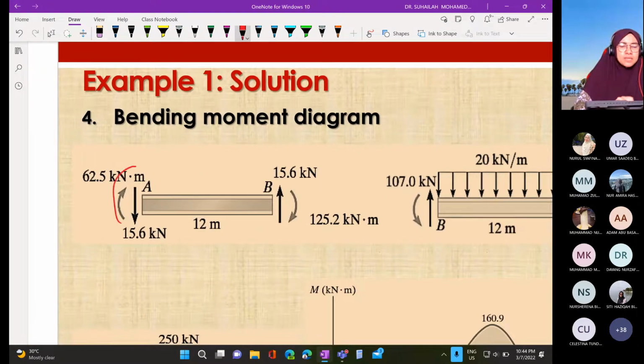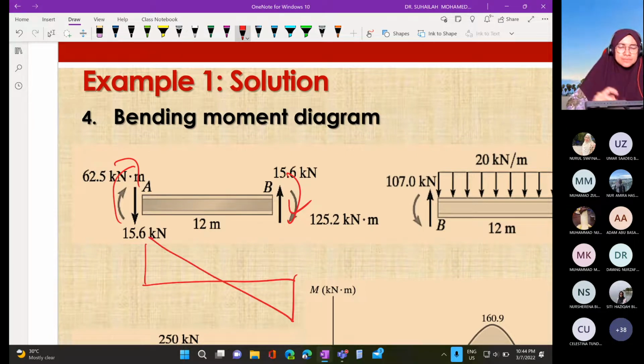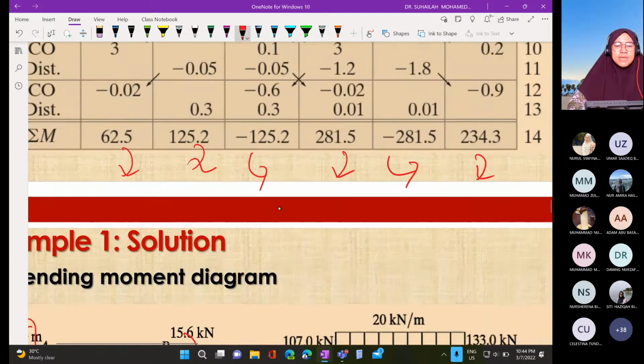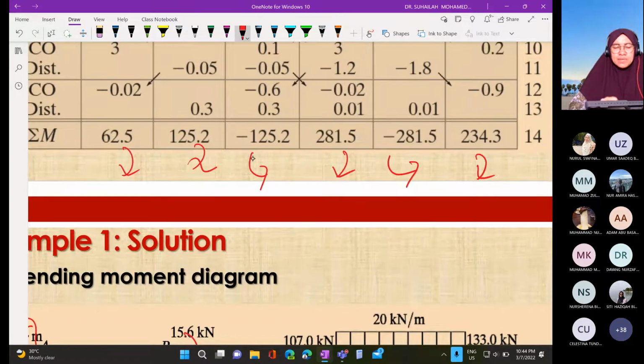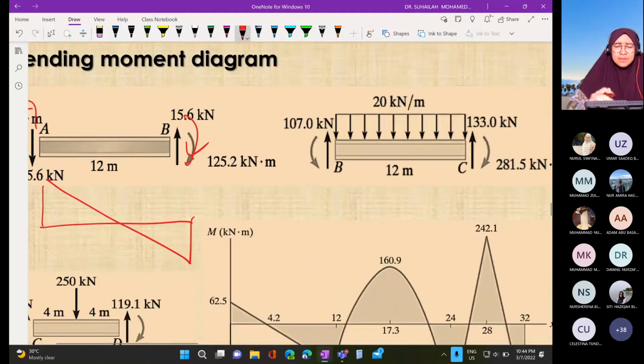because the moment is like this and like this, so the bending moment diagram will be this. The bending moment diagram for AB. And for BC, we have negative, positive, this and this.